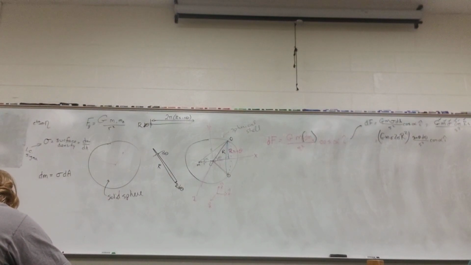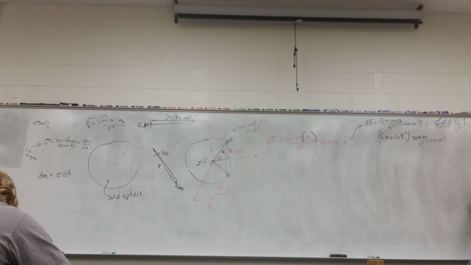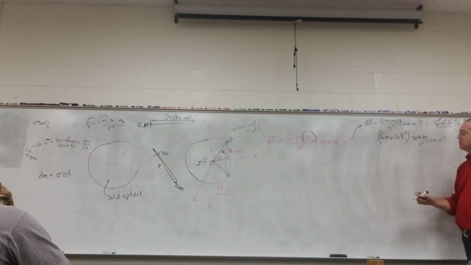Now notice I have this force which is dependent upon three different variables here: θ, s, and α. The î is also going to go out front. So what I'm going to do is an integral, but I need to get them all in terms of a single variable.